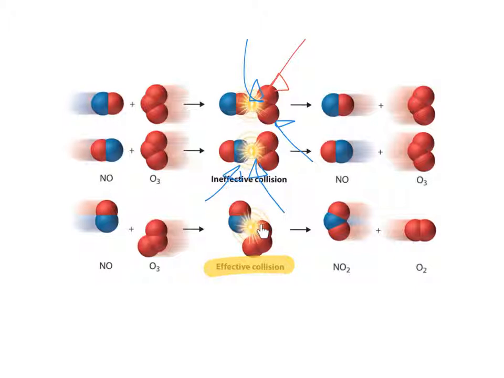And so this is going to result in an effective collision. We have sufficient energy, and we have correct positioning. So those are the two things you need to look out for: the correct positioning and the amount of energy that is needed in order to break the bond.